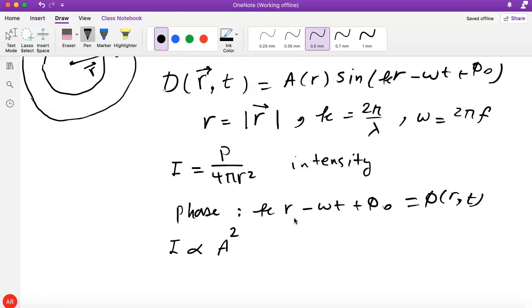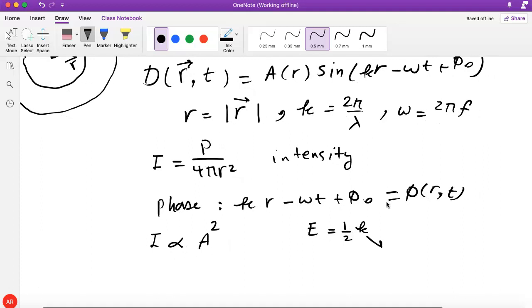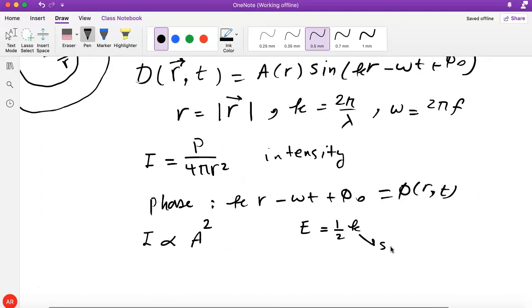We kind of remember this from a harmonic oscillator, where the energy was 1/2 k, not the wave number, but the spring constant, times maximum displacement squared. But it's a more general phenomenon. For example, if you have an electromagnetic wave, the energy density carried by that wave goes like the fields squared.